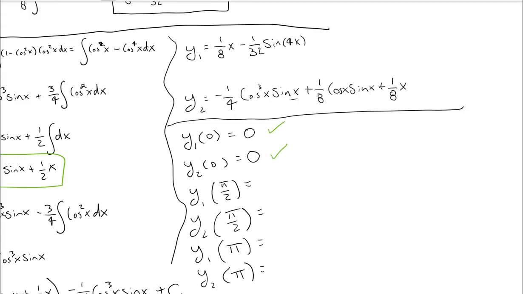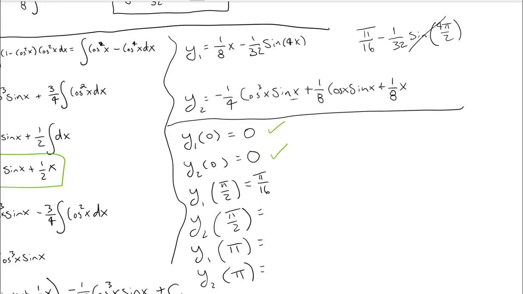Now if we plugged in pi over 2, what we would get is 1/8 times pi over 2, which would be pi over 16 minus 1/32 sine of 4 pi over 2, which would be sine of 2 pi, which is 0. So then that would be pi over 16.